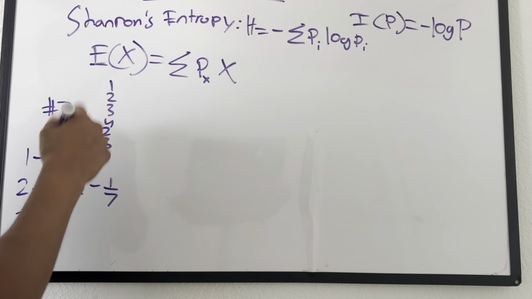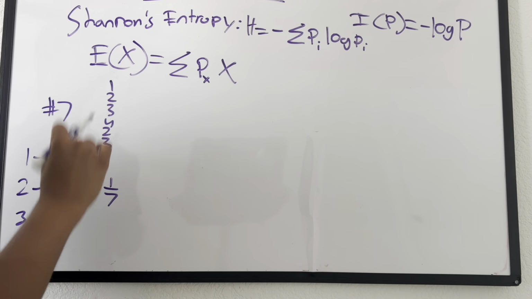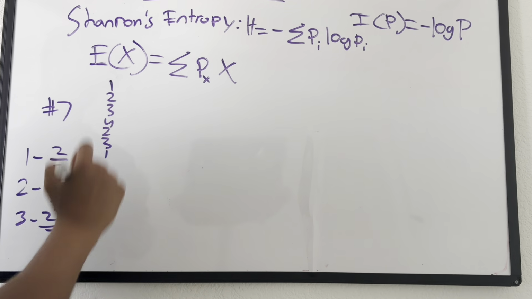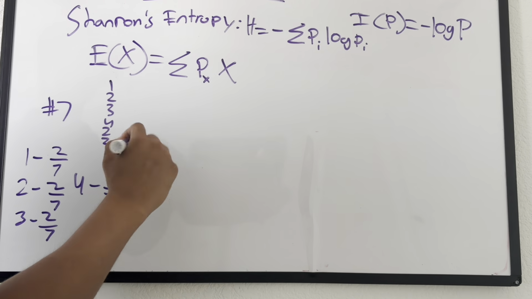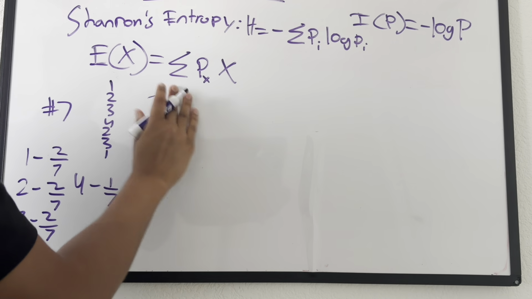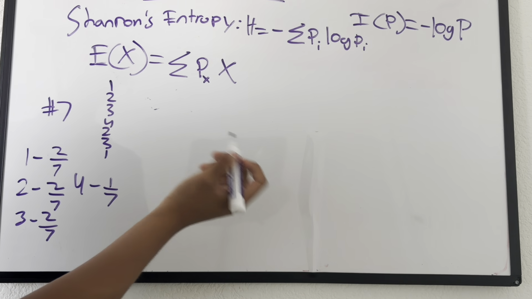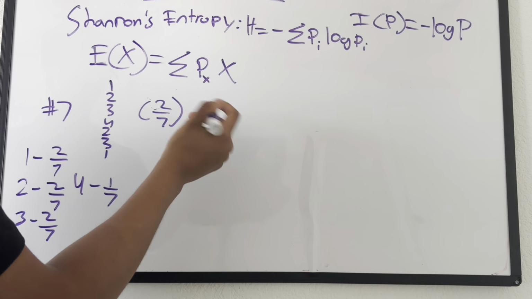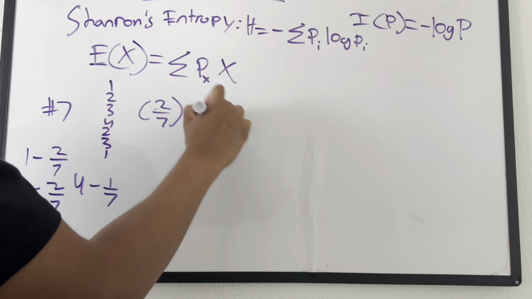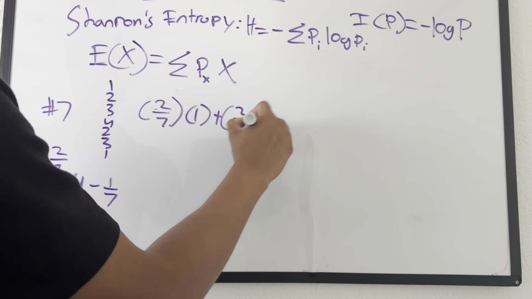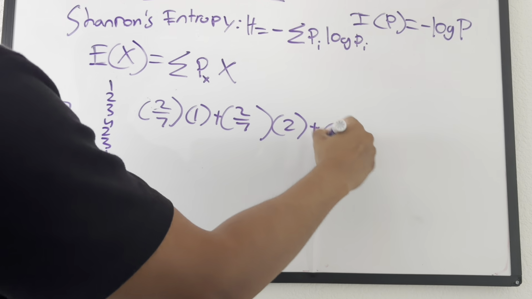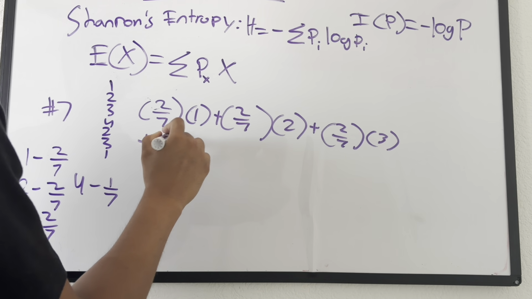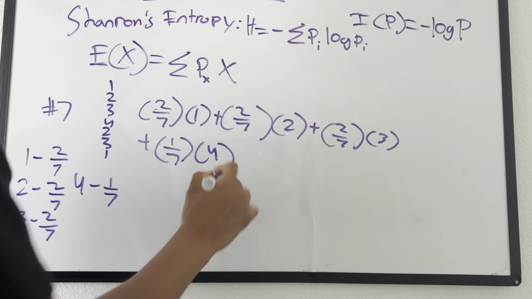So the expected value of this input stream is the summation of each of these numbers times the probability of each. In this example, it's going to be 2/7 times 1 plus 2/7 times 2 plus 2/7 times 3 plus 1/7 times 4.